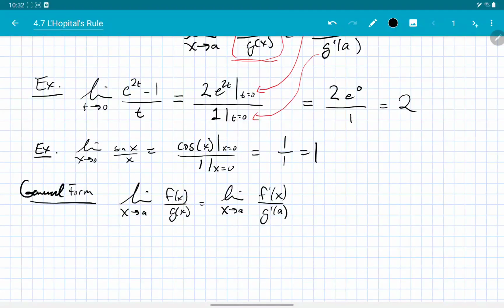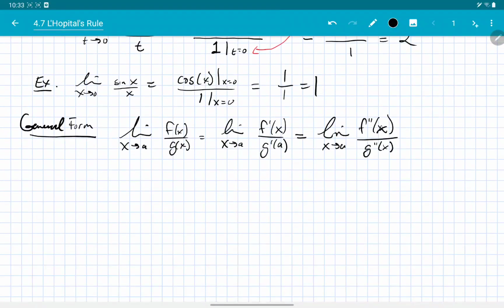This looks very similar, but it's only subtly different. The idea is then you could keep doing this. If we do L'Hopital's rule and we still get a 0 over 0, you could do it again. This iterates. And then we have the second derivative. And so on and so forth.